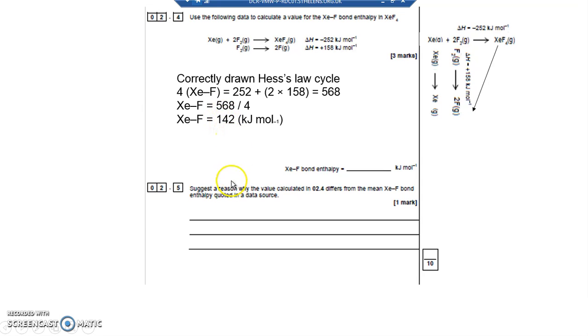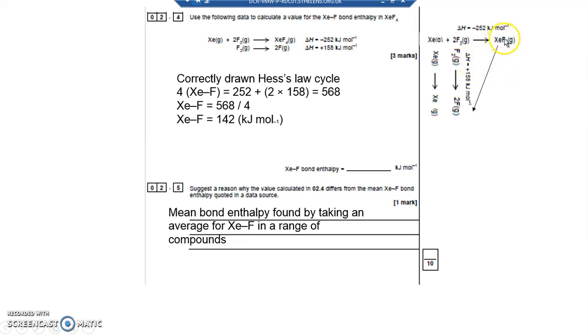Suggest a reason why the value in 2.3 differs from the mean XeF4 bond enthalpy quoted in a data source. It's because the mean bond enthalpy is found by taking an average of this in a range of compounds. So it might be Xe to F bond with other atoms bonded around it in another compound.